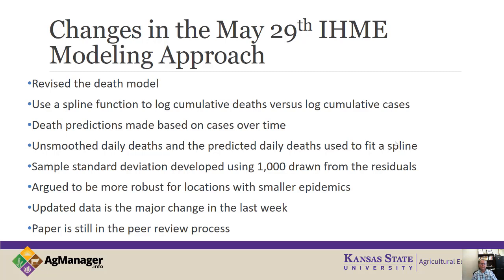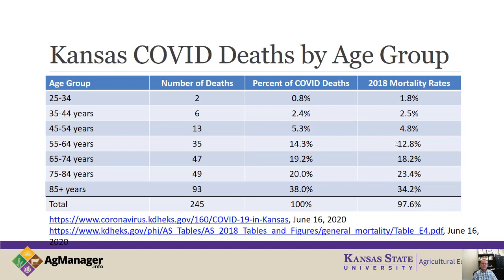The previous models ended at roughly August 4th, and we will do that probably for this week. I don't know what we'll do next week, if we'll go further or not. Part of it is just that the comparison window is much easier to make with everything ending at August 4th. It is important to realize that the paper still is in the peer review process.